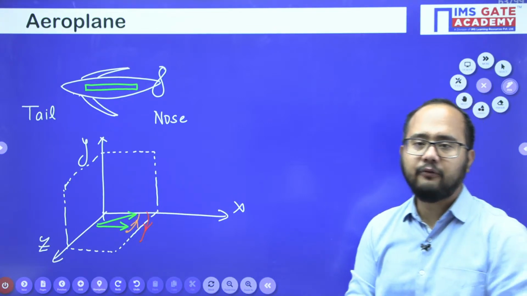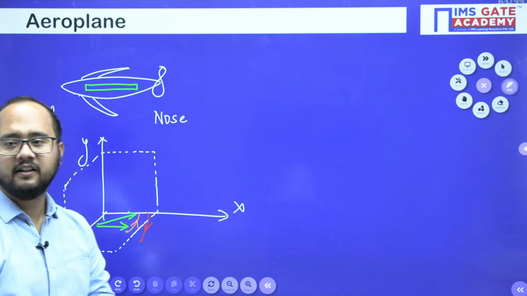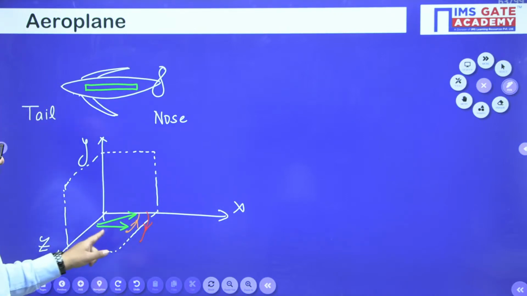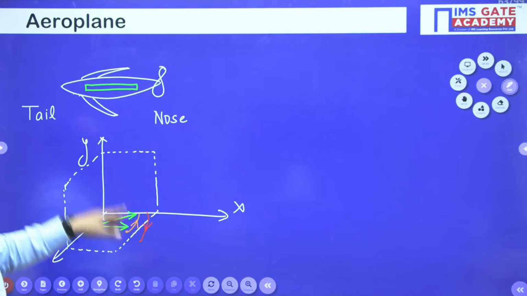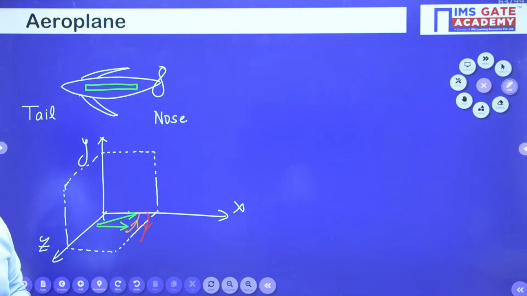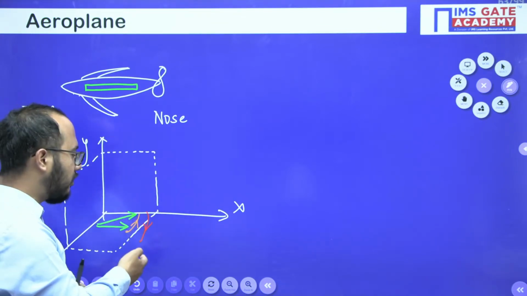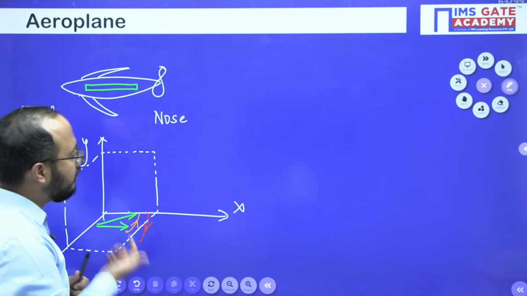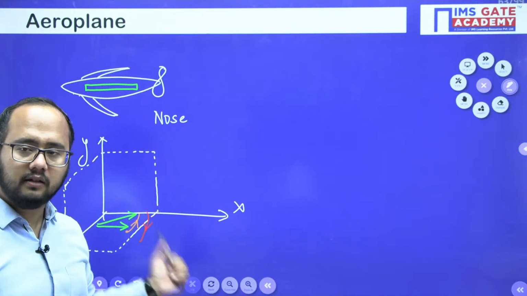Tell me fast, guys. What will be the effect of reactive gyroscopic couple on the aeroplane? Now, see again, please remember this point. You have to use right hand thumb rule in order to understand what will be the effect on the aeroplane because of this reactive gyroscopic couple.